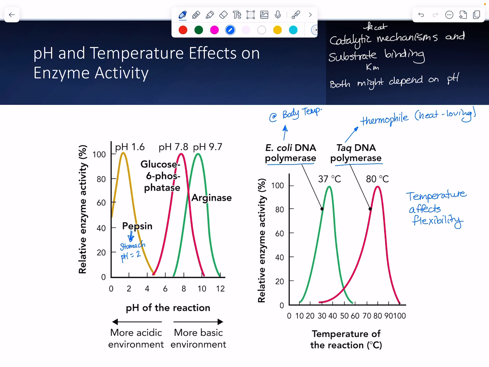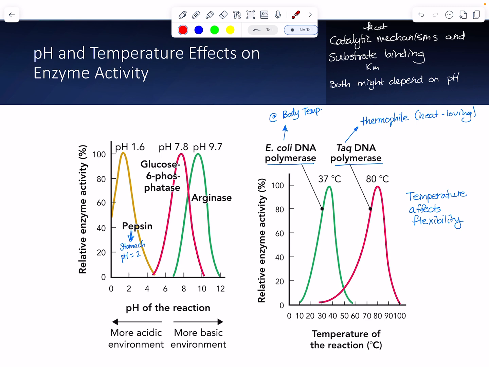Now, these two molecules catalyze the same reaction, but one of them works at body temperature, the other works at 80 degrees Celsius, almost boiling. And the difference is going to be how stiff the structure is. So you can imagine that the Taq DNA polymerase has a structure that's stiffer and less flexible.